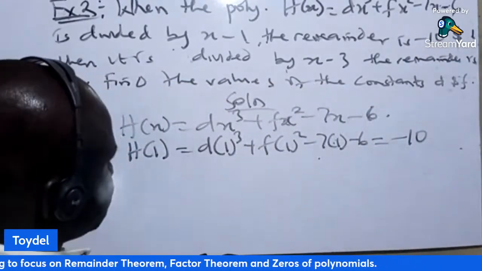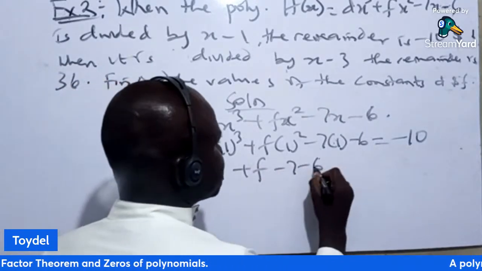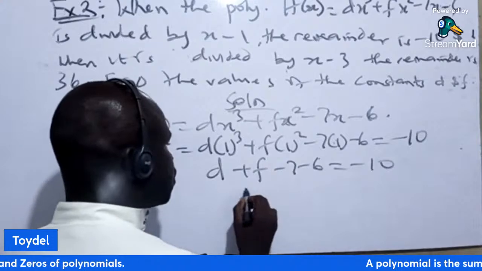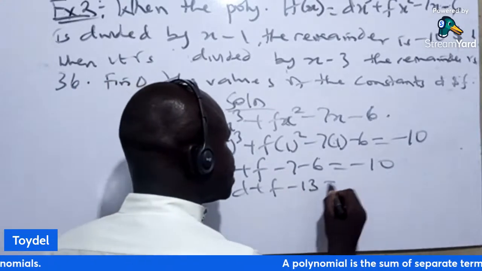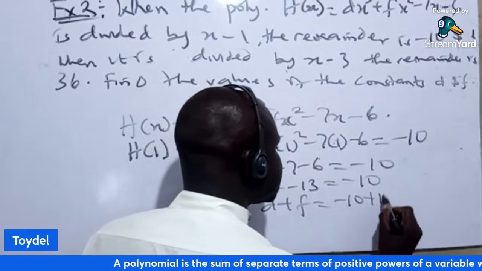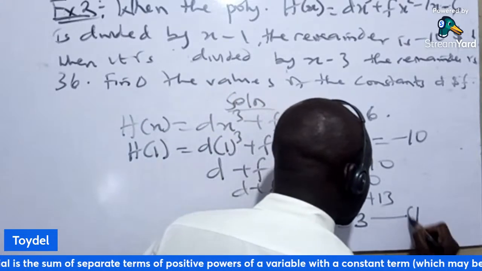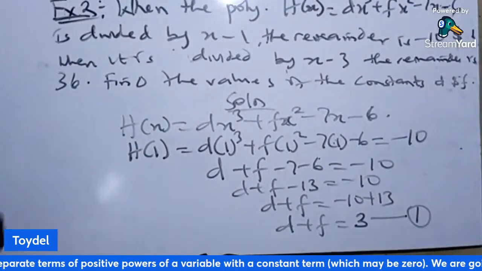Then if you solve this, we are going to have d plus f minus 7 minus 6 equal to minus 10. So d plus f minus 13 equals minus 10. So d plus f will be equal to minus 10 plus 13. So d plus f is equal to 3, equation 1. That is what we get.